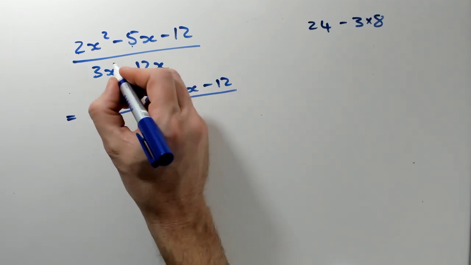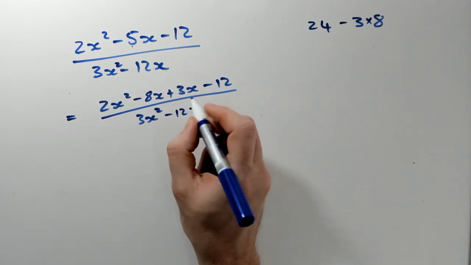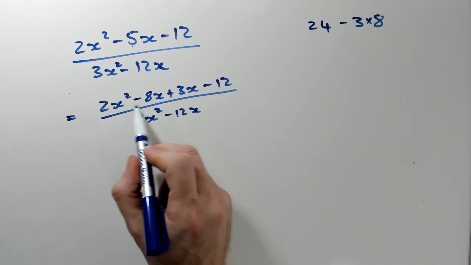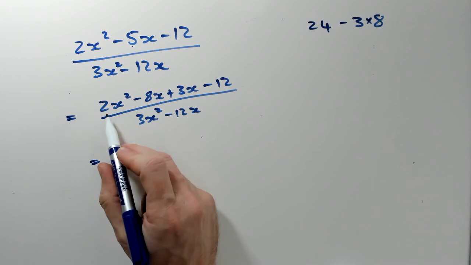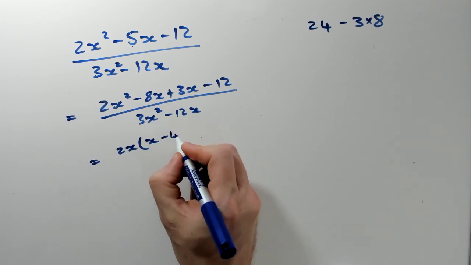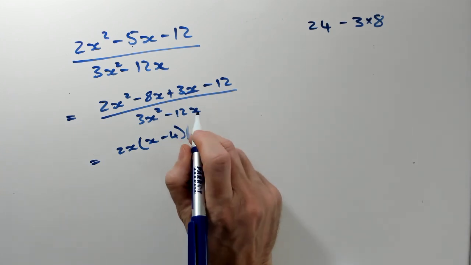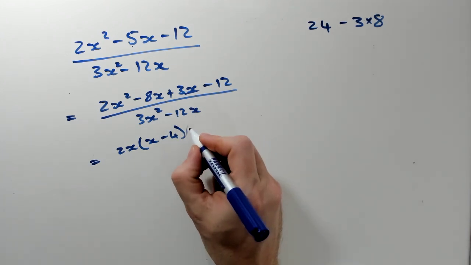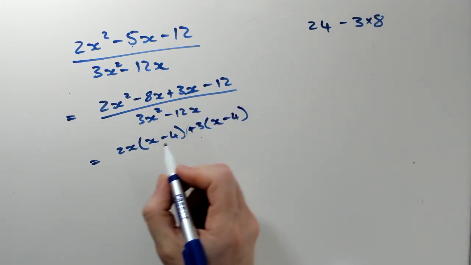I think that's a squared. I made a mistake. 3x squared minus 12x. And now I'm just going to factorize this as a 4 term. So I take a 2x out, and I'm left with x minus 4. And there I'm going to take a plus 3 out, and I'm left with x minus 4.